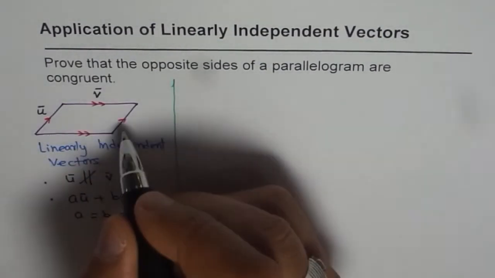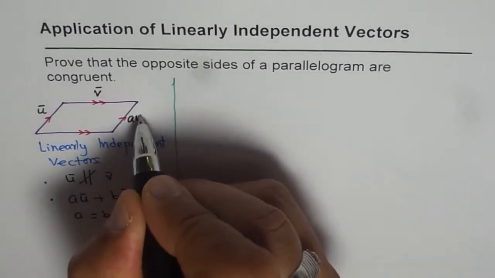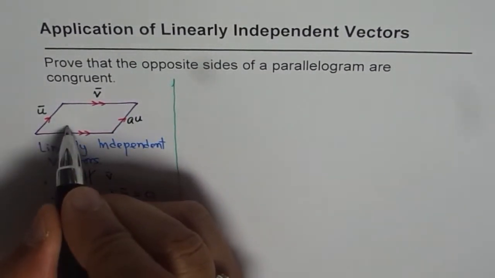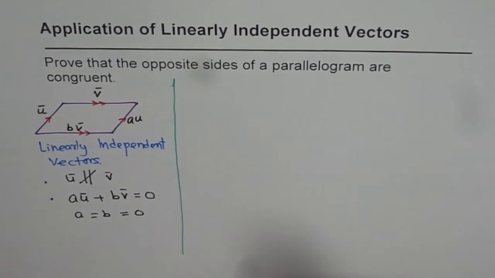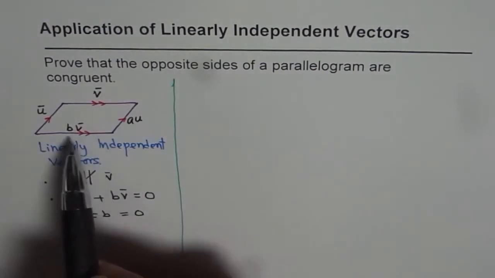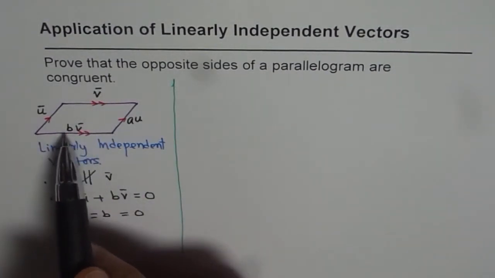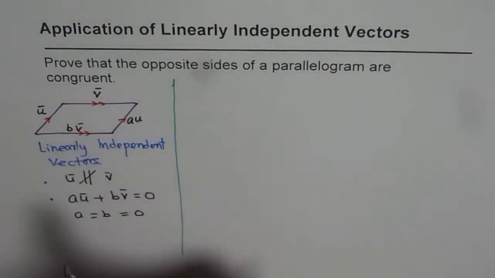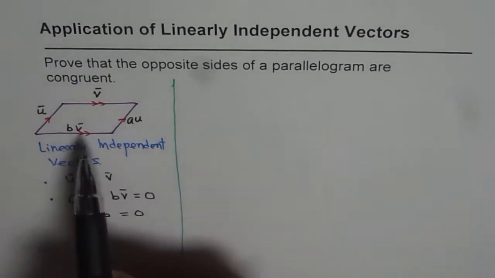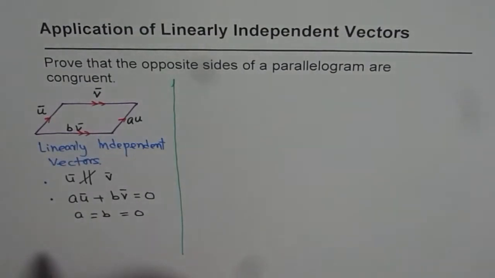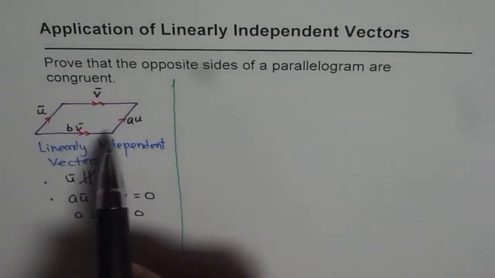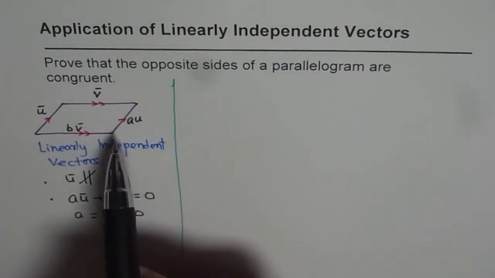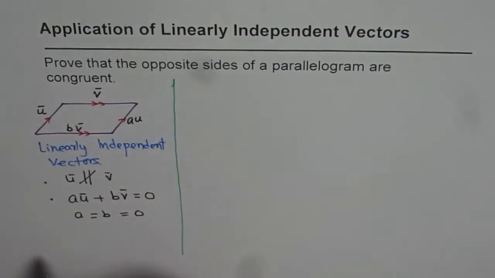So this side could be a times u and the other side could be b times v, where a and b could be any number. If they are congruent, in that case a and b should be 1, right? So if we prove that a and b are 1, that means that the opposite sides are congruent, correct?